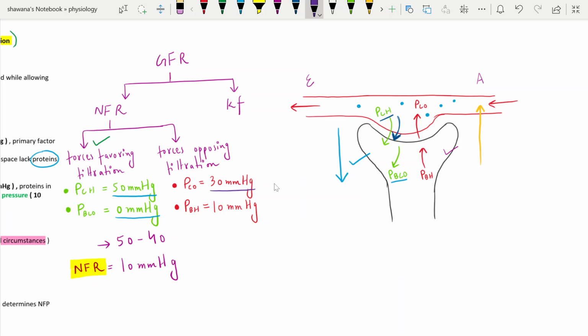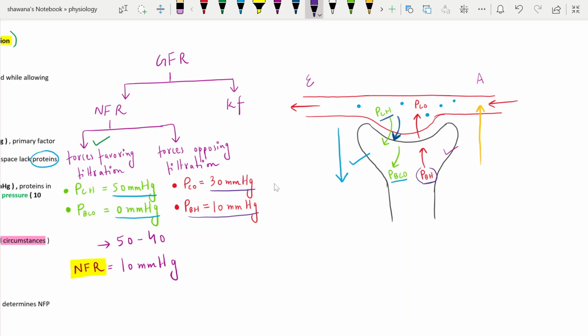Okay. And there is also another force that opposes the filtration. It is the Bowman's space hydrostatic pressure. We represent it as PBH. And hydrostatic pressure, as I have told you, exerts a force on the walls of a particular artery or particular capsule.